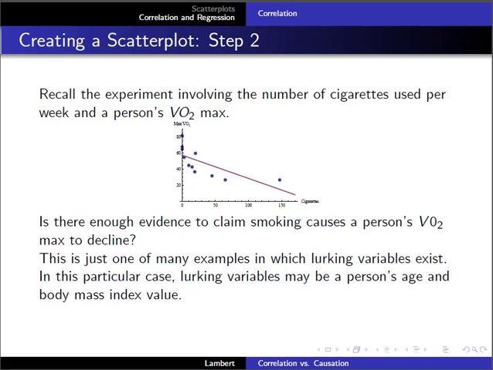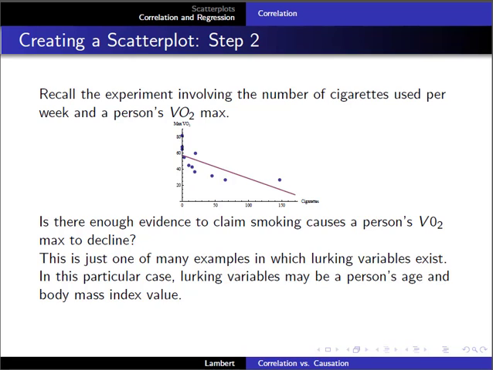If someone has a quite high body mass index value, it might be harder for them to get their VO2 max up there. So keeping those things in mind, we can't come out and say that even though there's a correlation, there is a causation, because there's just too many variables for us to be concerned with.